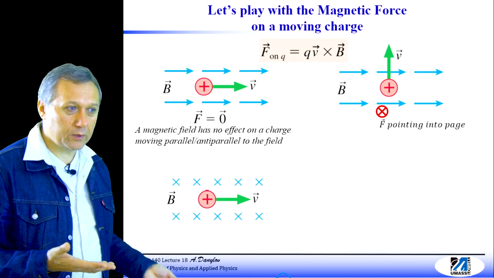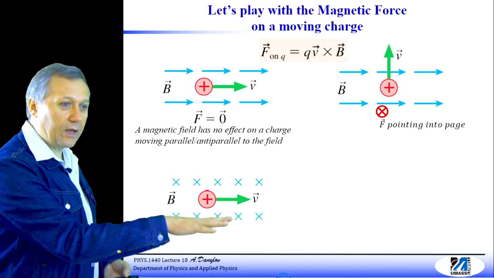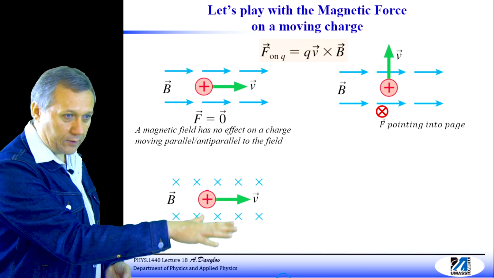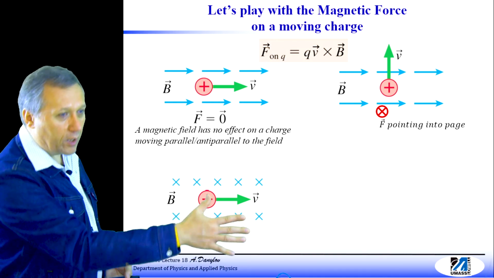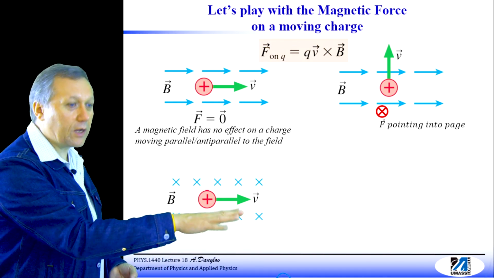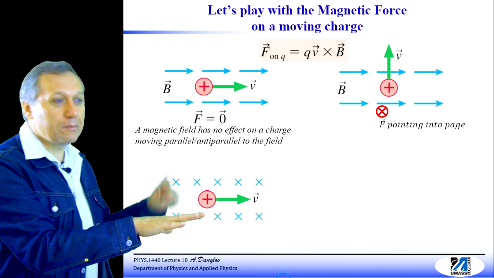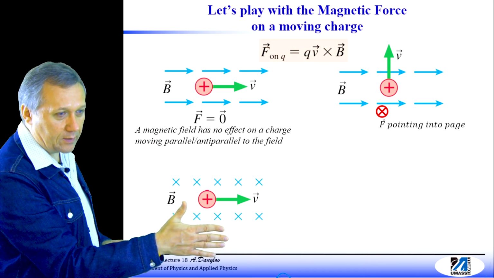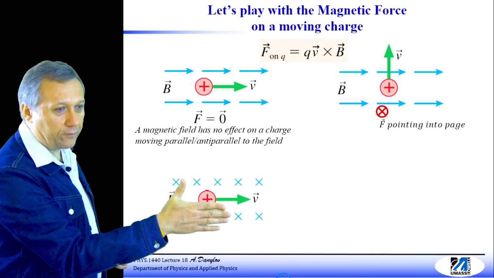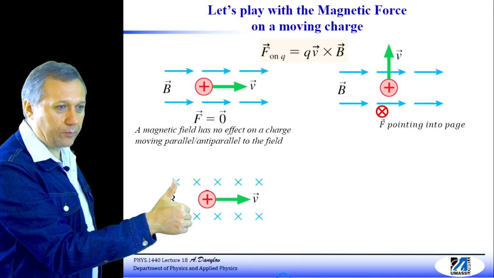Again, right hand rule, and then look at the sign of the charge. So first I need to align my hand along V, right? All right, so like this. But then I have to orient it so that I can naturally bend my fingers in the direction of the B. So I have to position my hand like this, right? It's still along V, but now I can bend my fingers into the board along B, right?